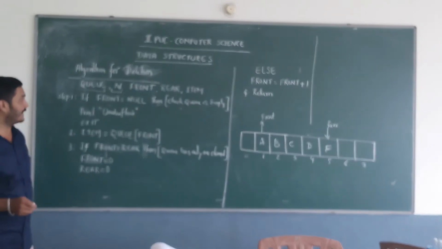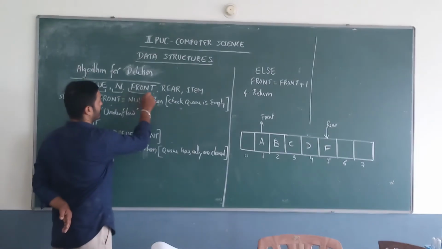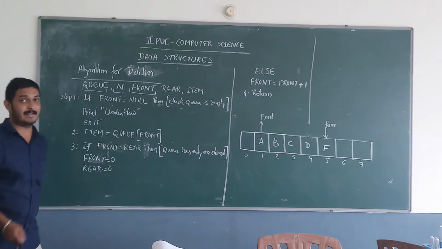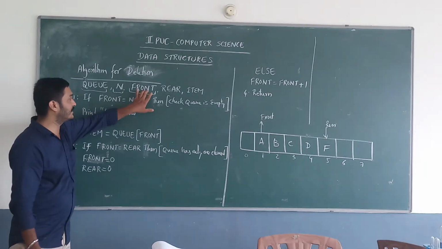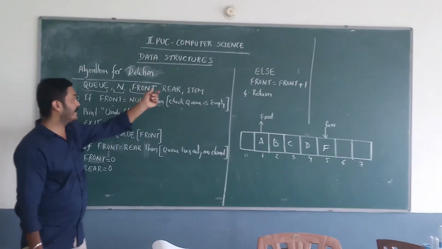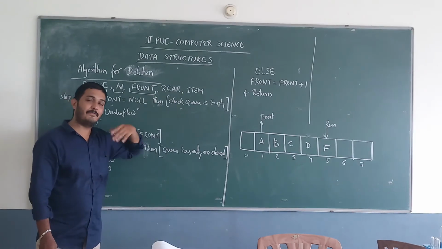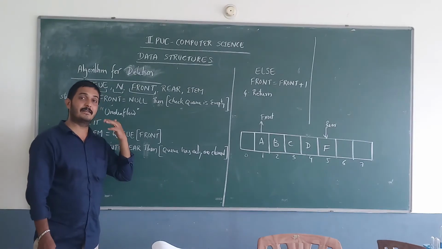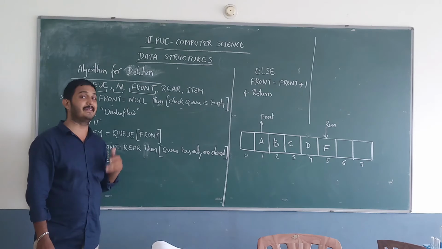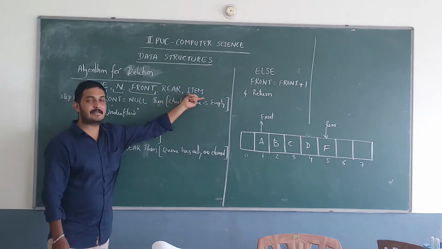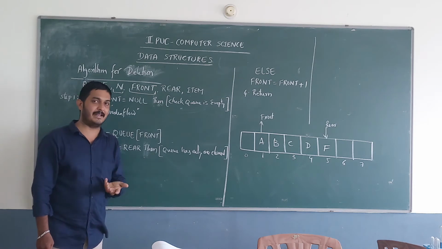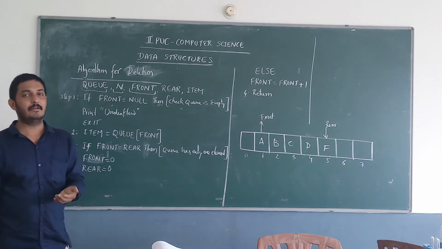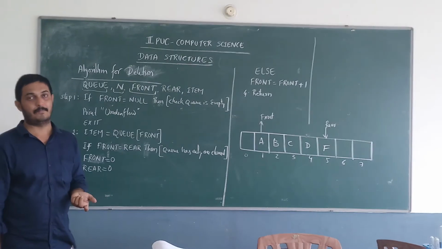Front is where, if you want to delete a particular item, it will start from this location. Rear means if you want to insert one more element, the location of rear will be incremented. Item is to be inserted, or if you want to delete a particular value, that should be assigned to item.